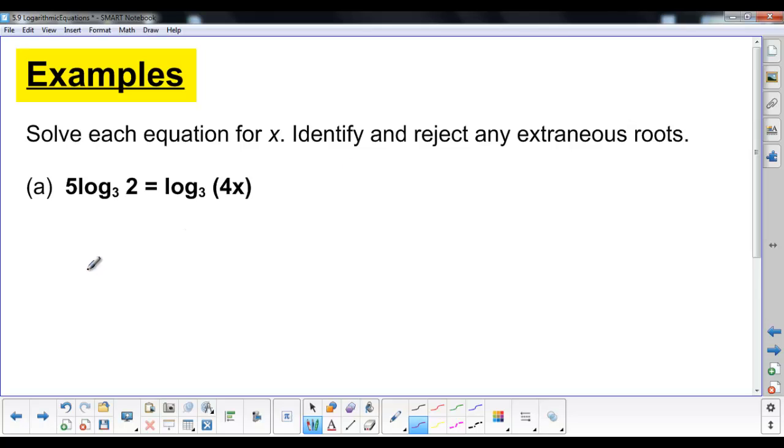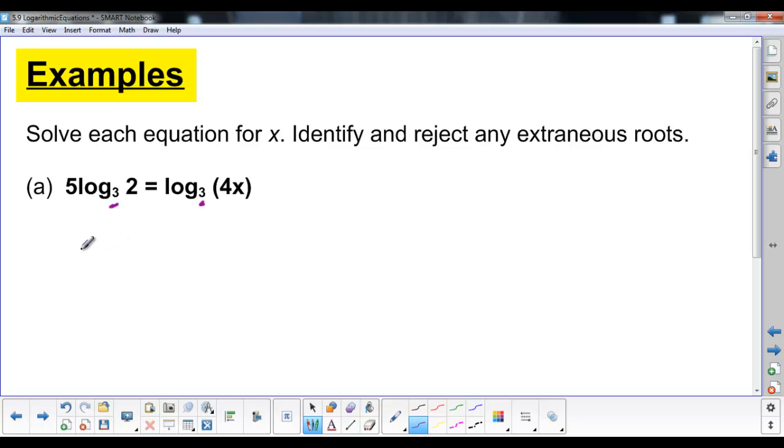In example A here, we have 5 log base 3 of 2 equaling log base 3 of 4x. You'll notice that every single term is a logarithm, and they both happen to be the same base, 3. So what I'm going to do is let the arguments equal each other. But before we do that, you'll notice that we have coefficient 5 here.